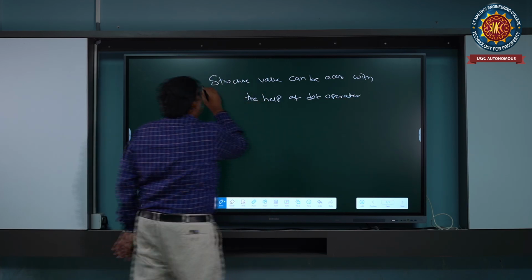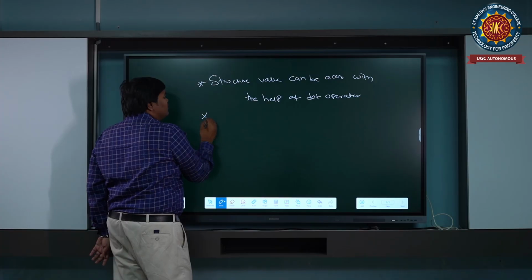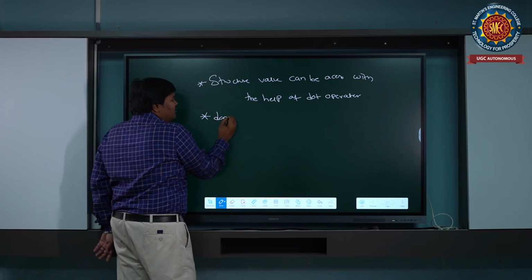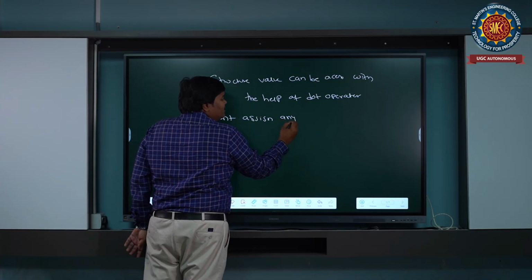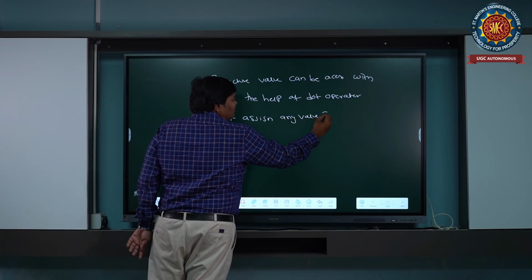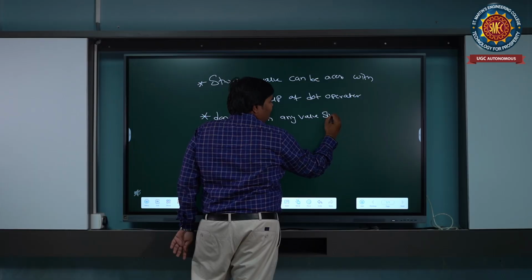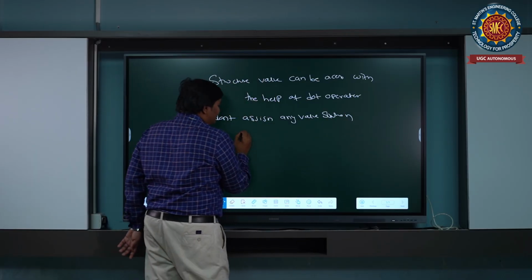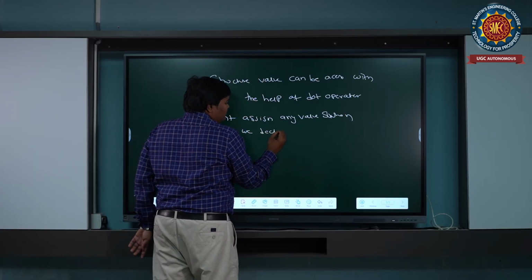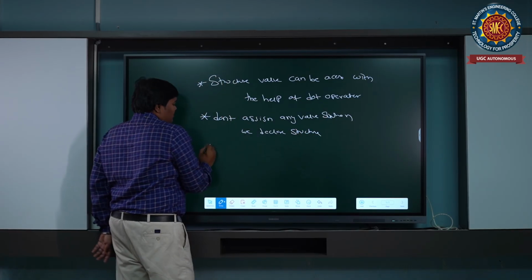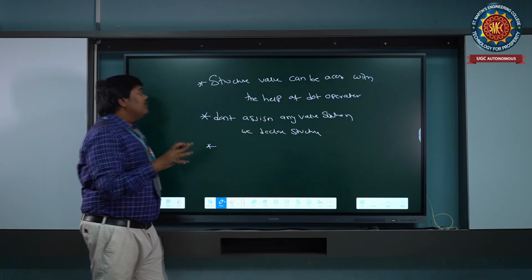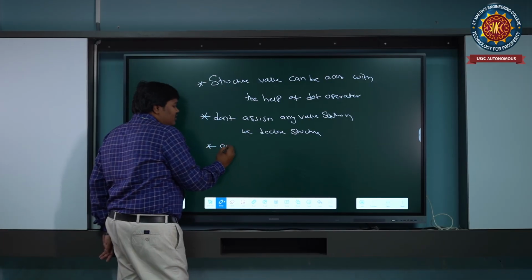First one, you have to use the dot operator, but don't assign any value when you are declaring the structure. And next one, in structure you can store an entire record.